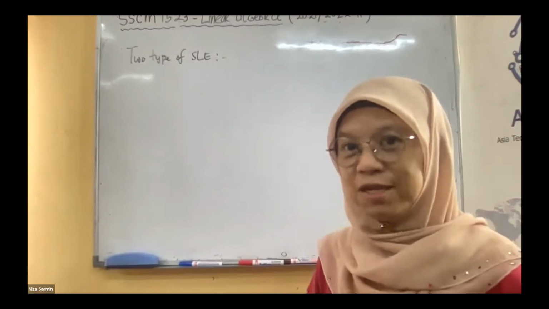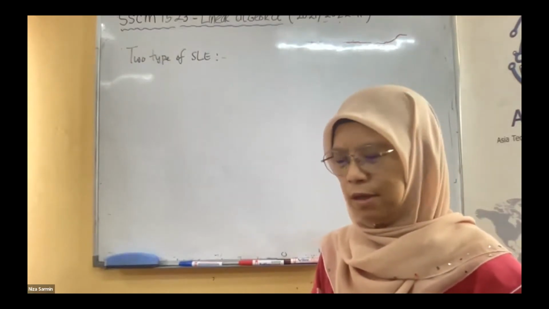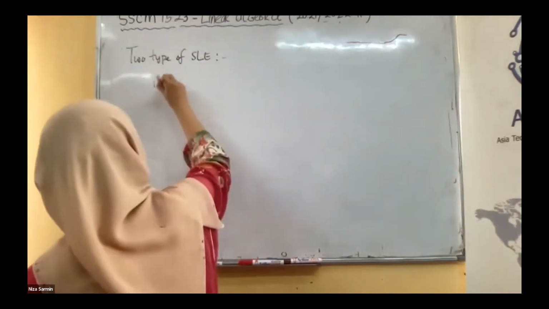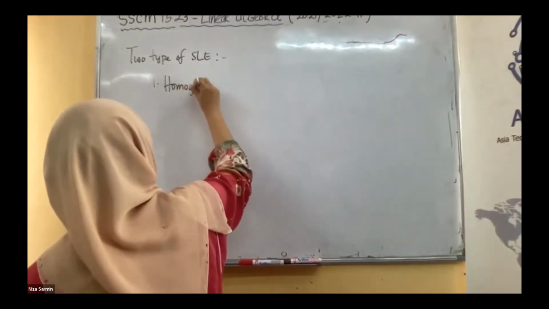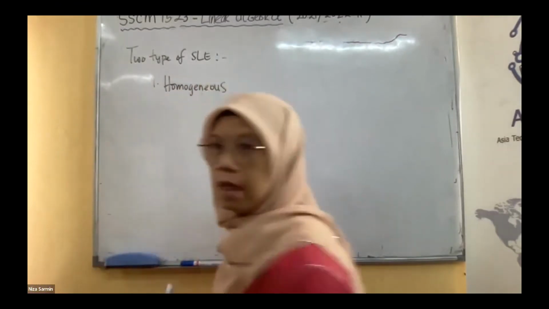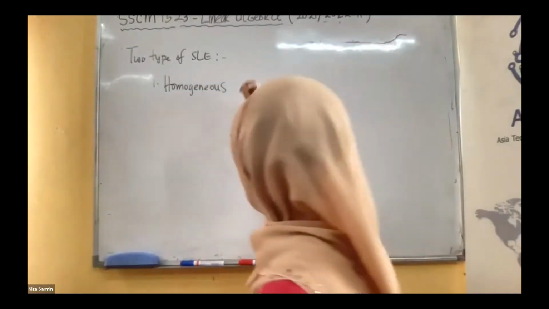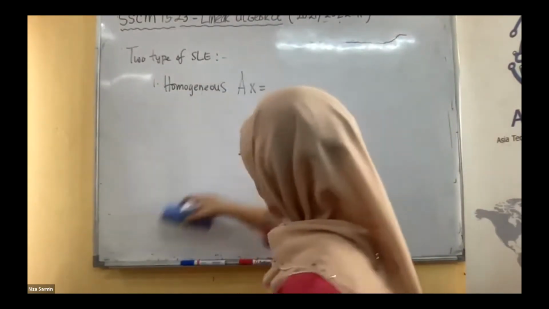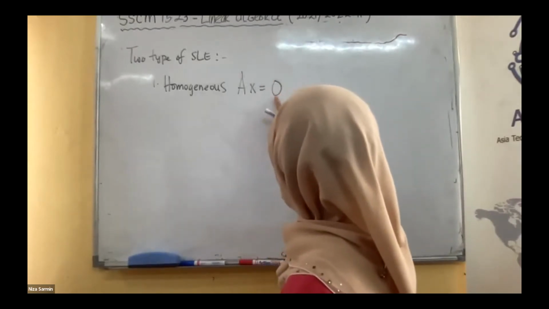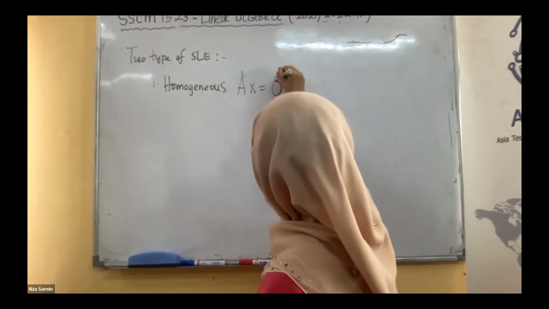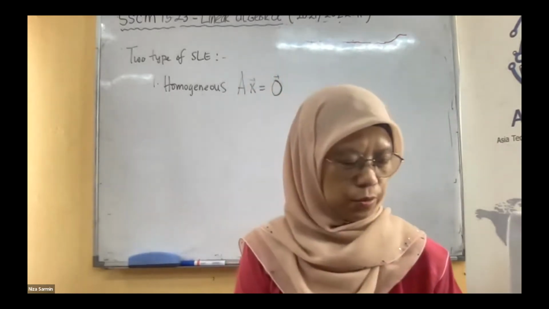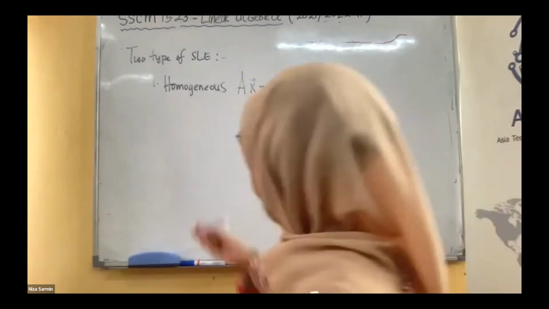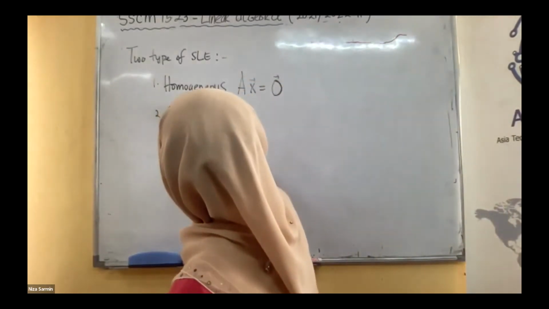After this, if I mention this, don't ask, I don't know this type of equation. The first one is called homogeneous. For homogeneous, B is 0. This is a vector actually, not the number 0. And the non-homogeneous.